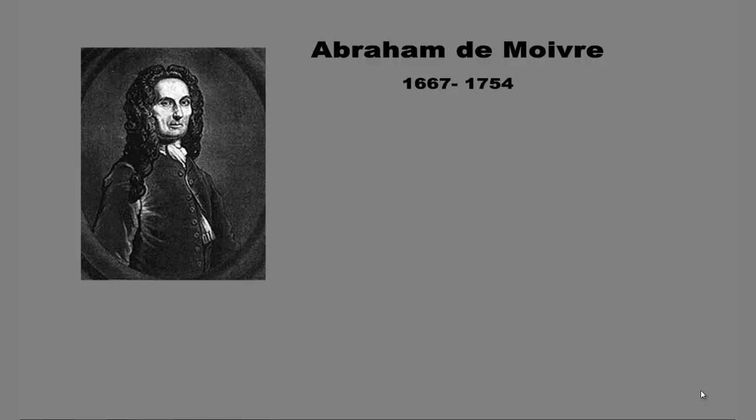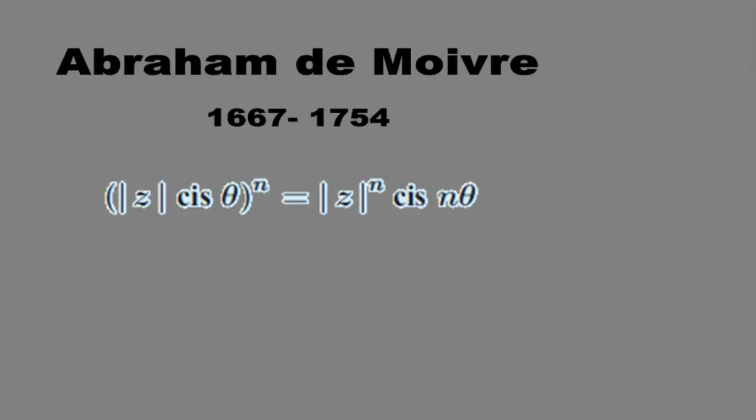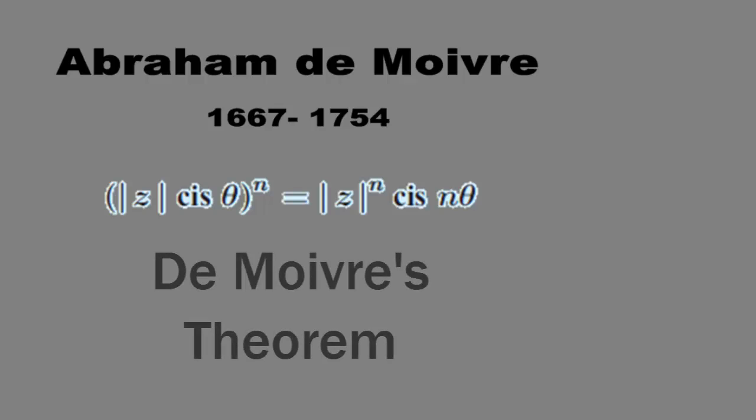Well, in 1707 he was the first one to discover that which you just did in the warm-up. And there it is, looking all nice and warm and fuzzy on our screen. It states that if you take the modulus of z times cis theta and put it to the exponent n, it can be simplified as the modulus of z to the n times cis n theta.